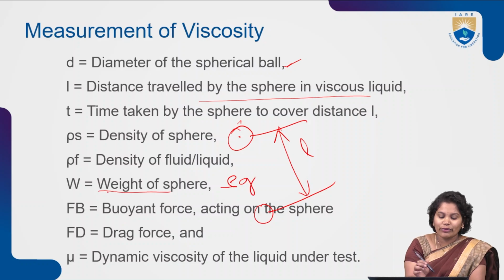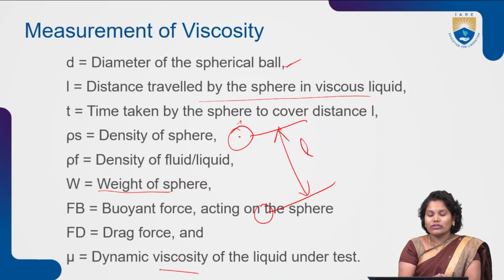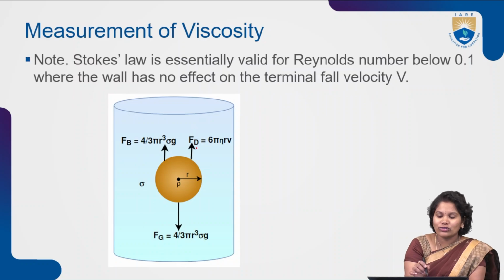And here Fb is the buoyancy force and Fd the drag force. Mu is the dynamic viscosity of the fluid which we are going to test.